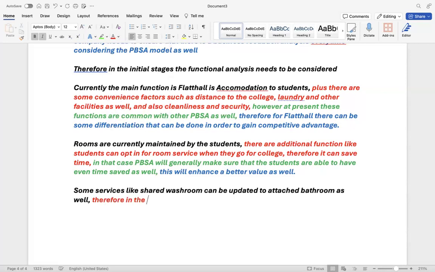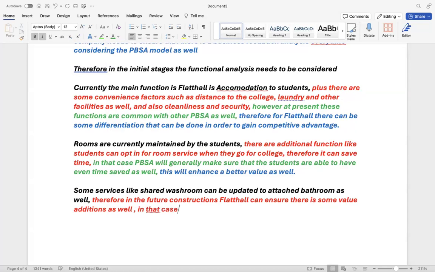Therefore, in the future constructions, Flatthall can ensure there are some value additions as well. Now, students, I will continue this even better, so that it will be much easier.